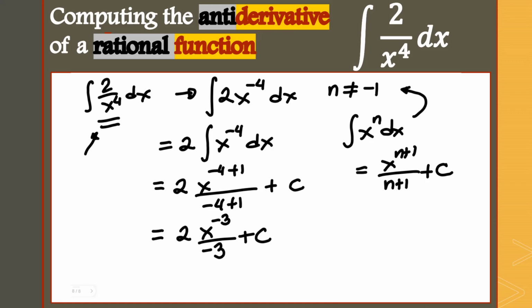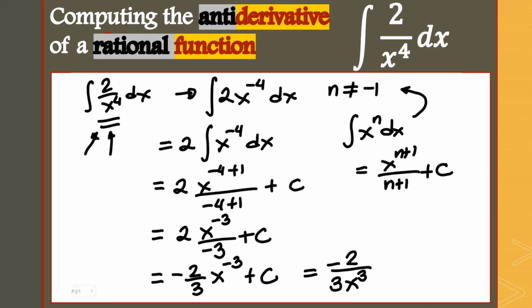Then we simply need to take out the constants. You will get -2/3 because you will have 2 over -3, and you will have x to the power of -3 plus c. Now to finish this, since our given function is a rational function, applying the law of negative exponent, and since the final form here also has a negative exponent, let's apply the law of negative exponent as well. We'll have our final answer, which is -2 over 3x cubed plus c.